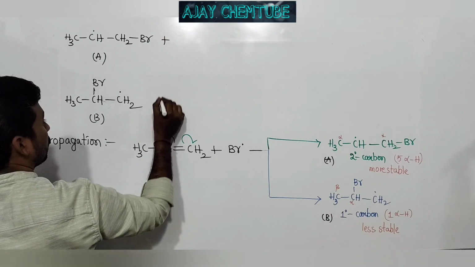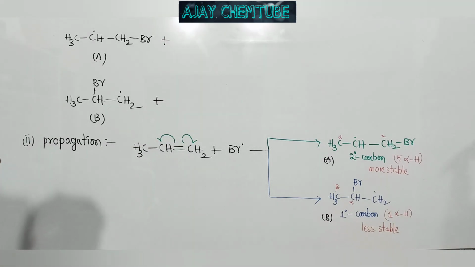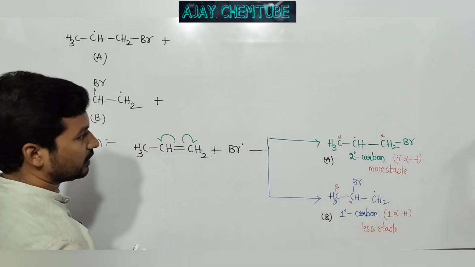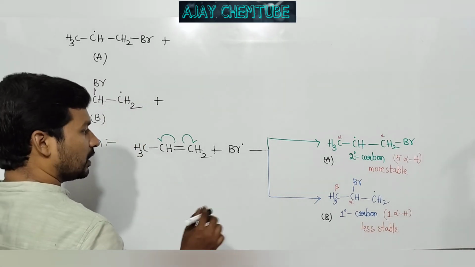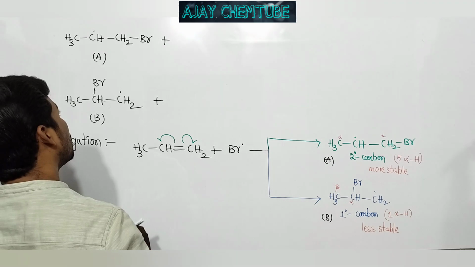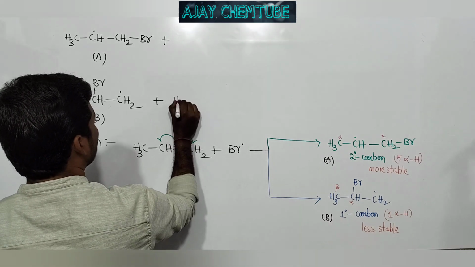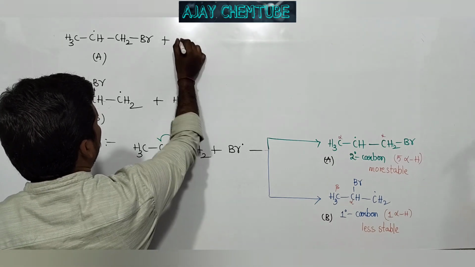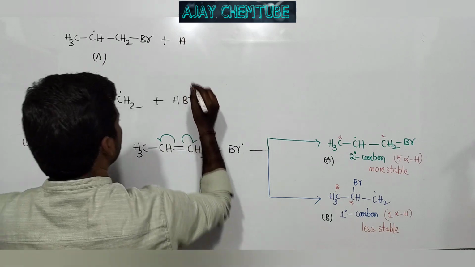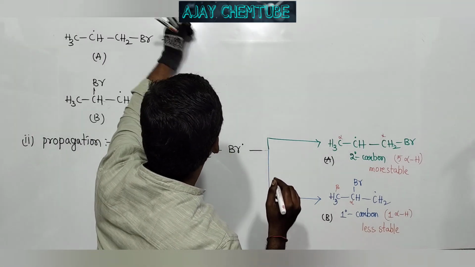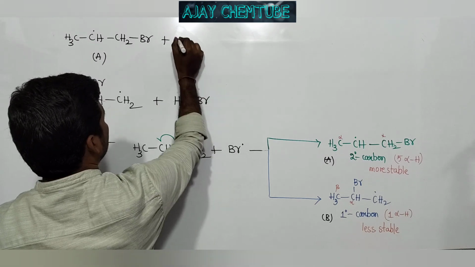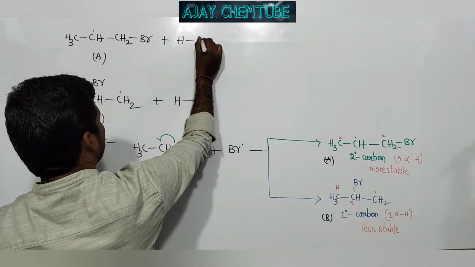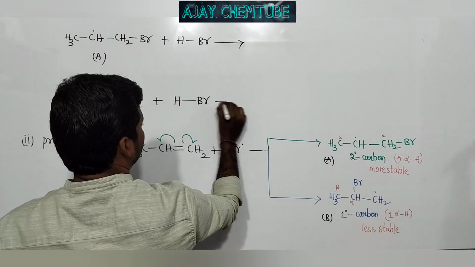So now addition of H free radical. First Br free radical addition, after that H free radical addition, with one more HBr. In HBr, homolytic bond cleavage takes place. Free radicals are free radical initiators.